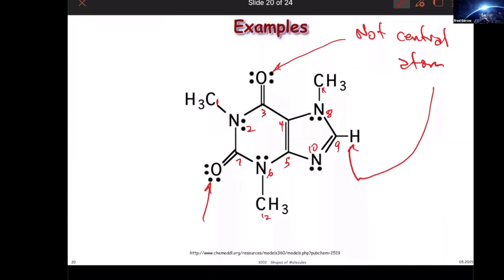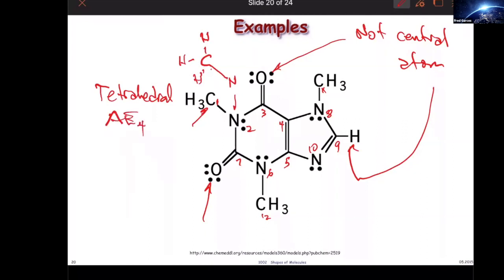Around this carbon, remember there are 4 electron domains. It looks like this, and then that other bond is to the nitrogen. That's tetrahedral. How do I know that? Because I have 4 regions of electron density, and all 4 regions have a bonded atom at the end.